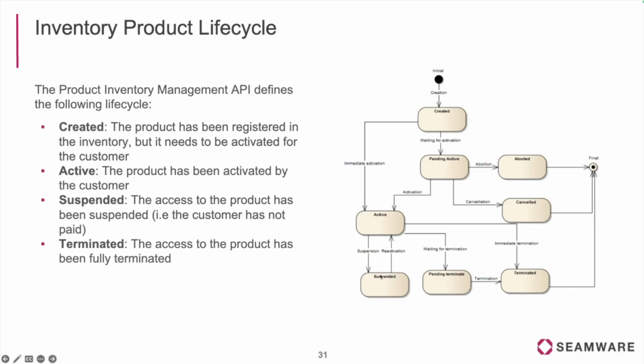So they are in suspended state until they pay, and then they go back to the active status. This allows us to suspend the service for a time. And if the service is fully terminated, maybe because the customer cancels the service and decides that they don't want it anymore, the final status is terminated, which means that the product and all these related services and resources have been removed.